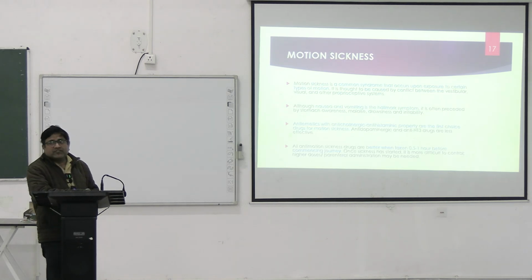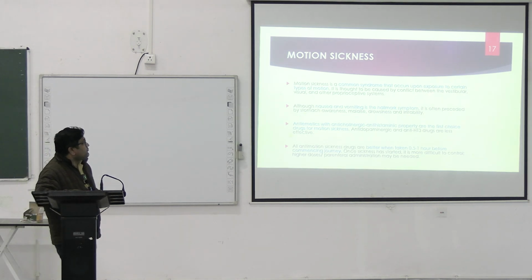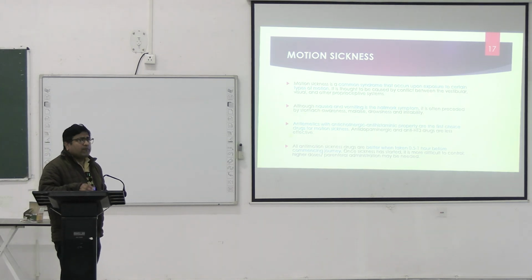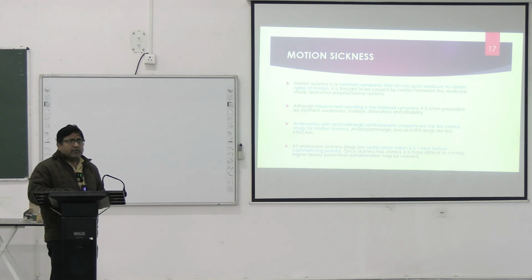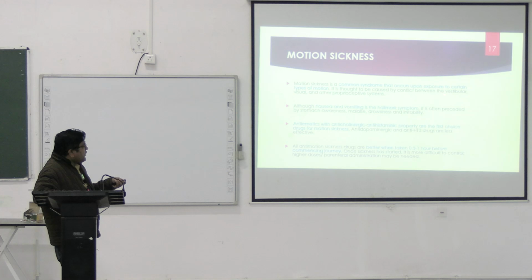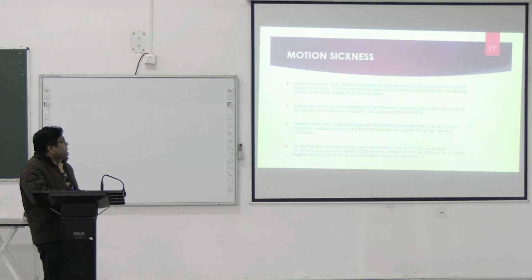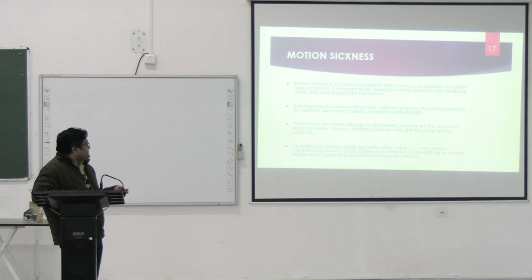Coming to motion sickness, it is a common syndrome that occurs upon exposure to certain types of movement. It can occur with the car, bus, train, air and moving in the sea. It is thought to be caused by conflict between vestibular, visual and other proprioceptive signals.